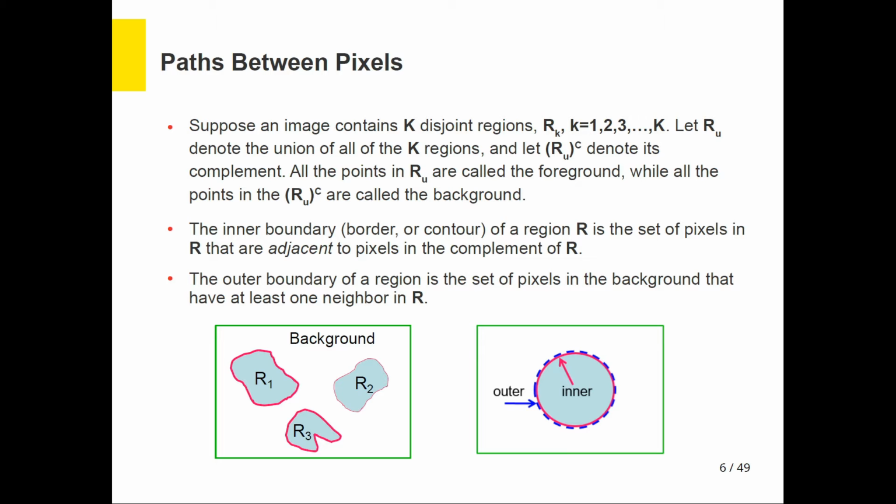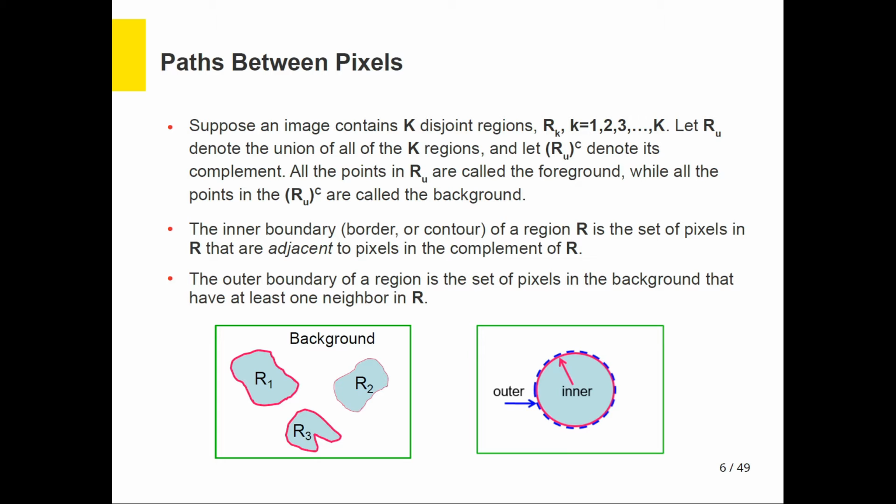So let's just go for inner boundary first. So the inner boundary or border or contour of region R is the set of pixels in R that are adjacent to pixels in the complement of R. So basically for defining the inner boundary, we are going from the pixels inside the region to the pixel outside.